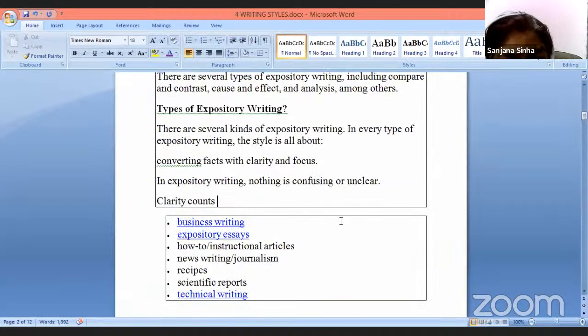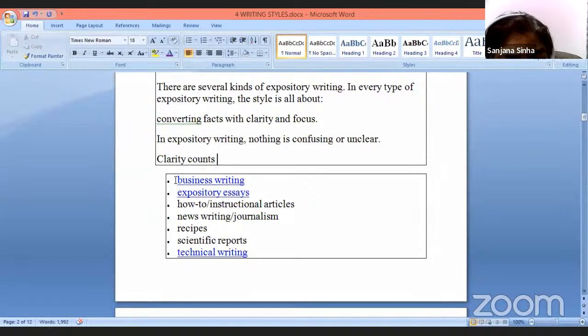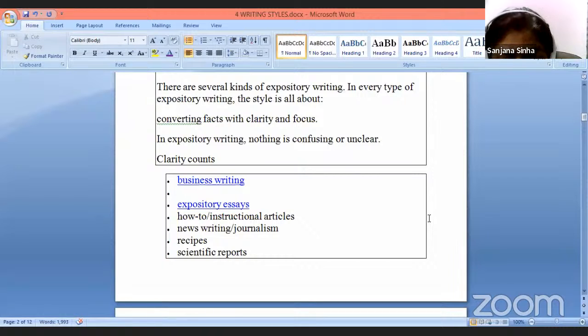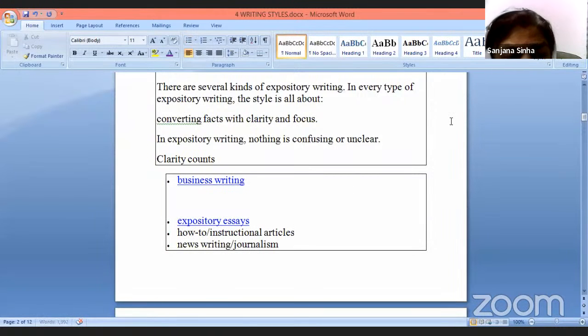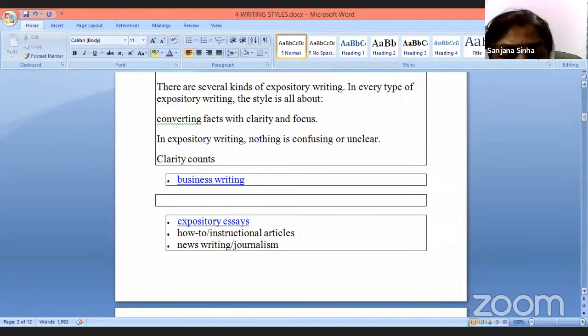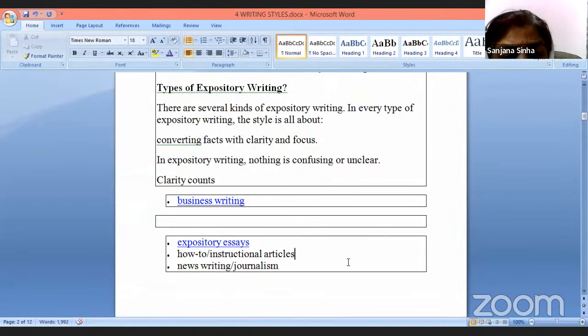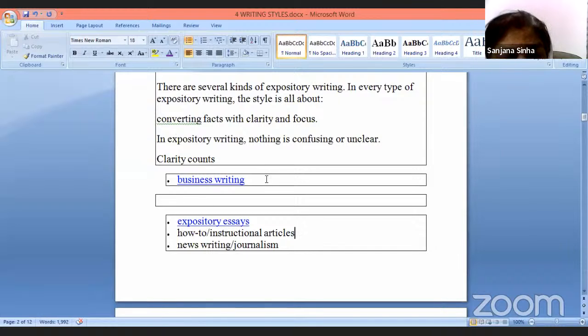Now, these are the examples of expository writing.